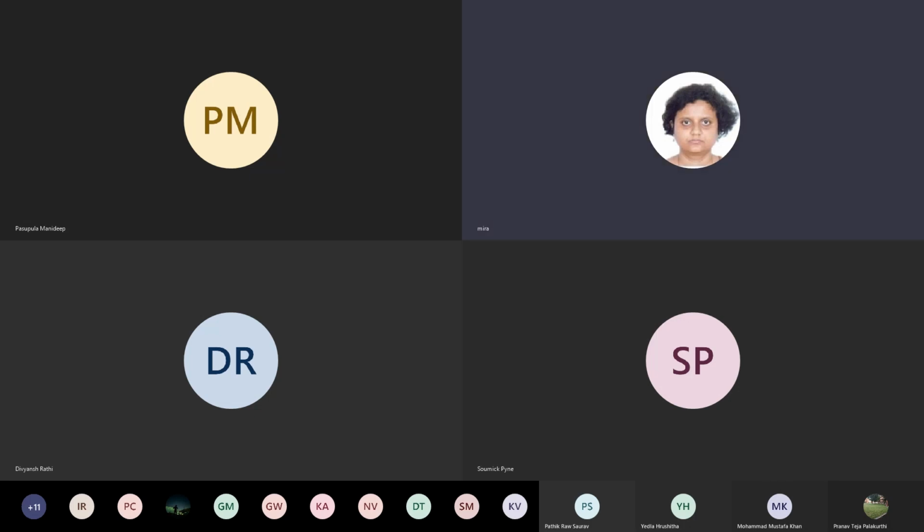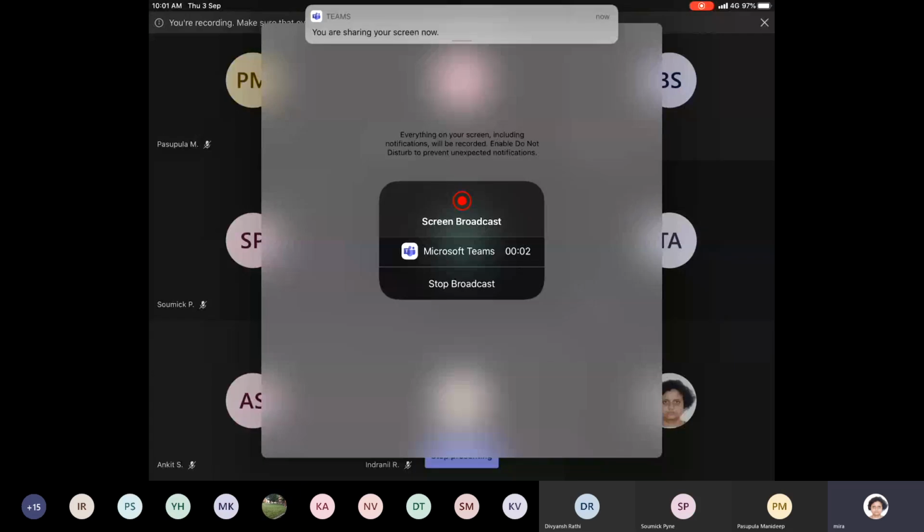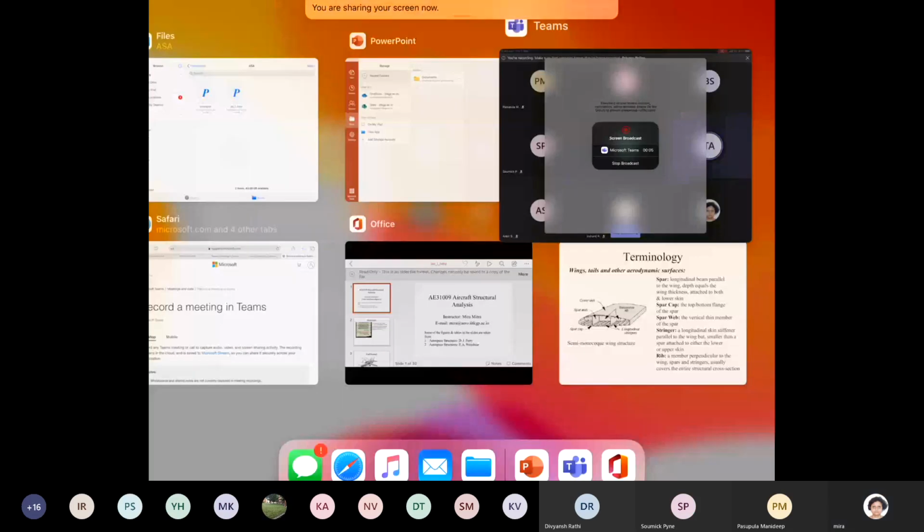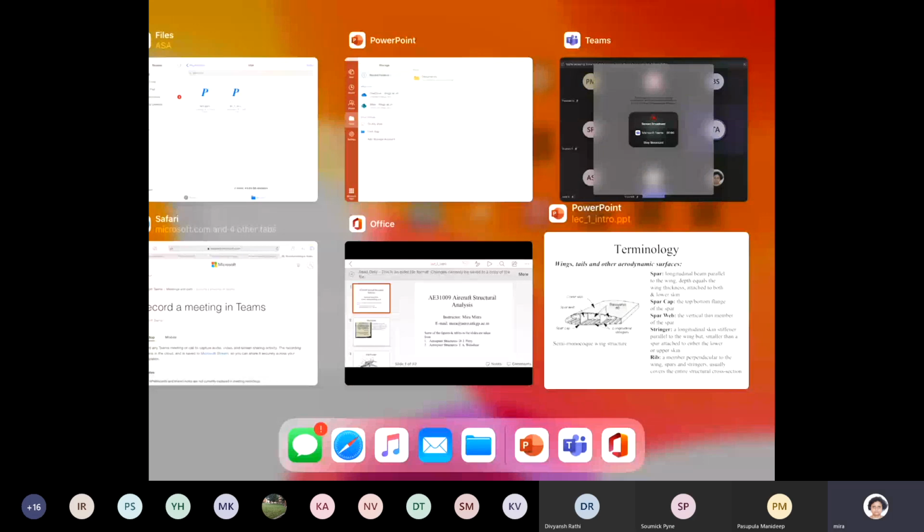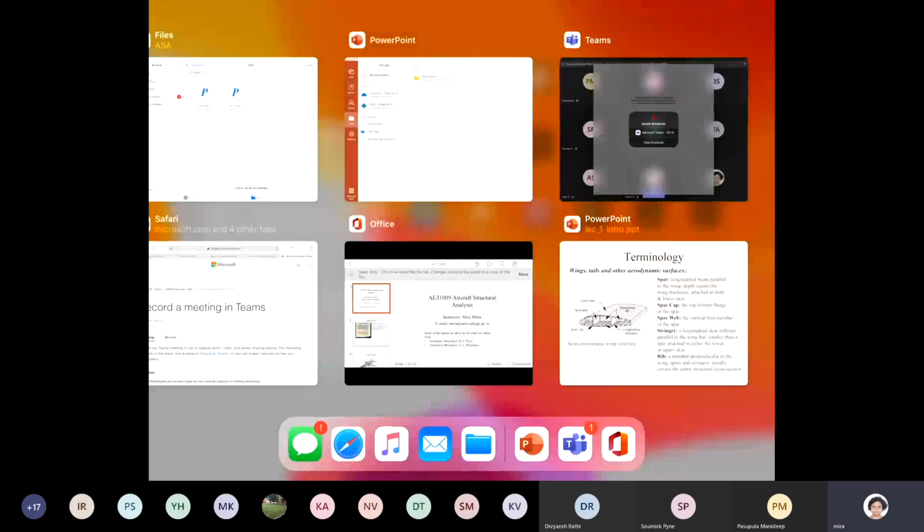No, ma'am, not the slides. Yes, we can see now. We can see multiple tabs.